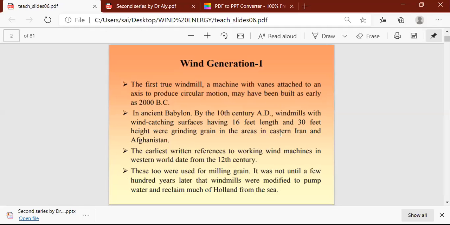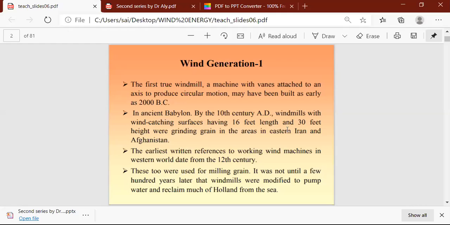The first true windmill machines were produced. Circular machines were built as early as 2000 BC in ancient Babylon. In the 10th century, a person produced a windmill 16 feet in length and 30 feet in height for grinding grains in the areas of eastern Iran and Afghanistan.